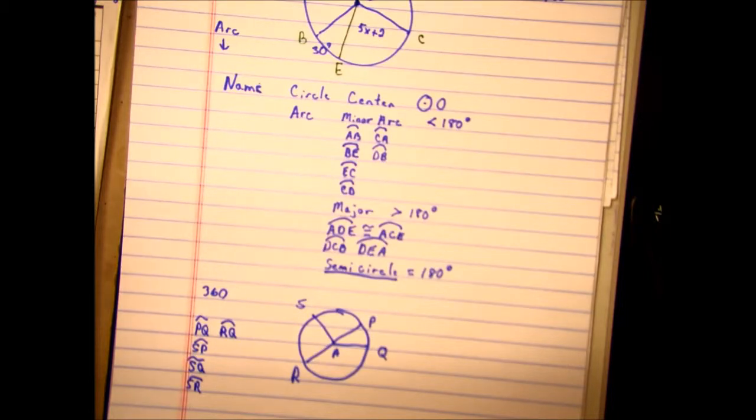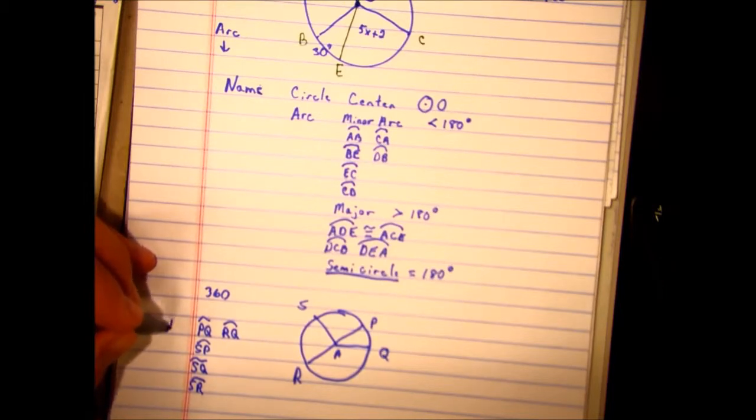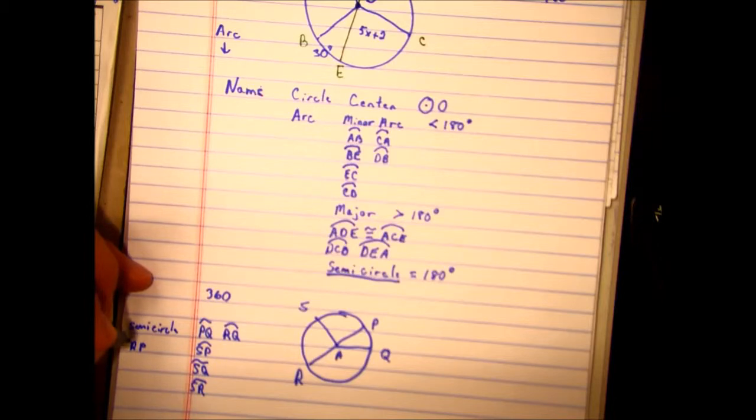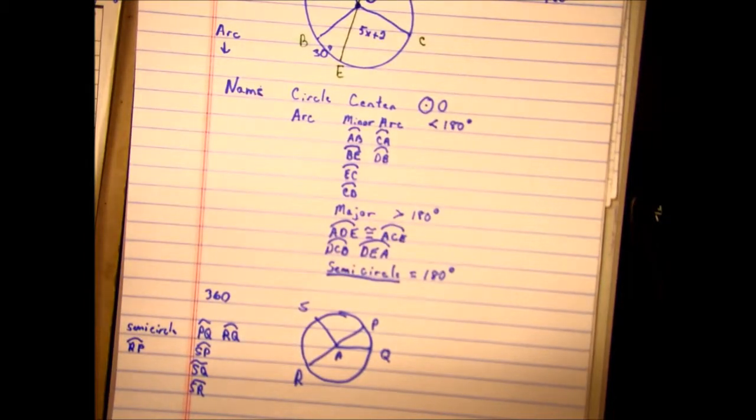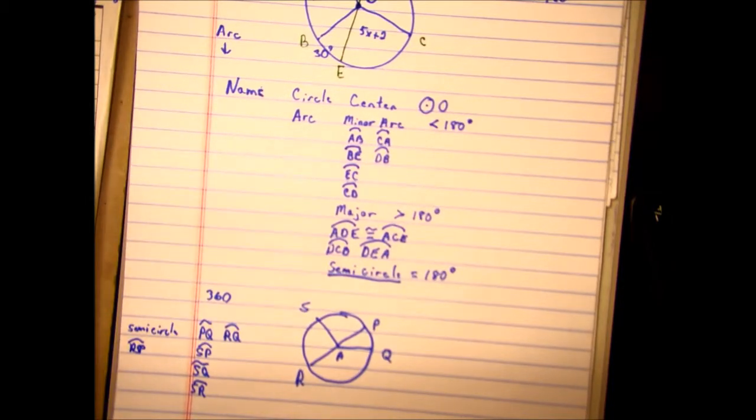And then it says, what are the major arcs? Actually, it says, what is the semicircle? So the semicircle would be semicircle RP. Now, you can use three letters, RSP.